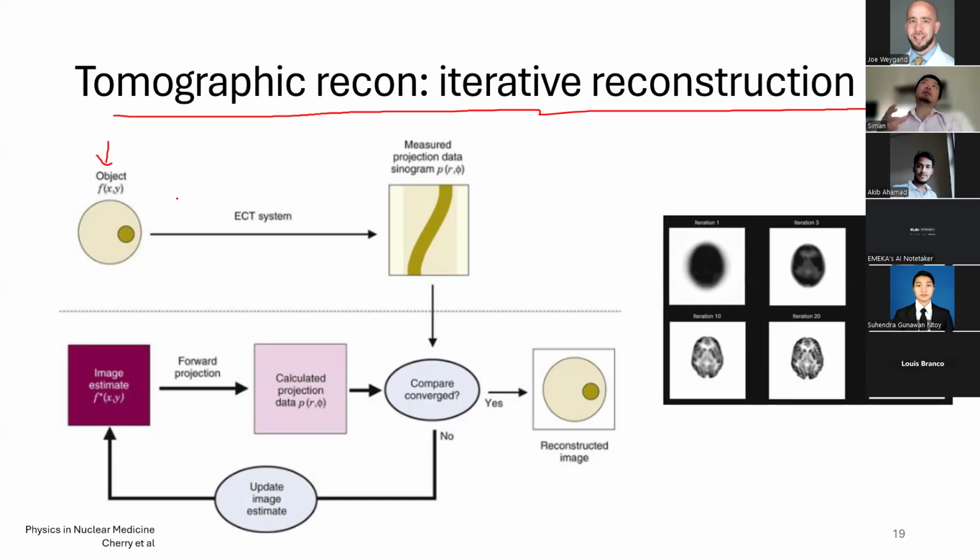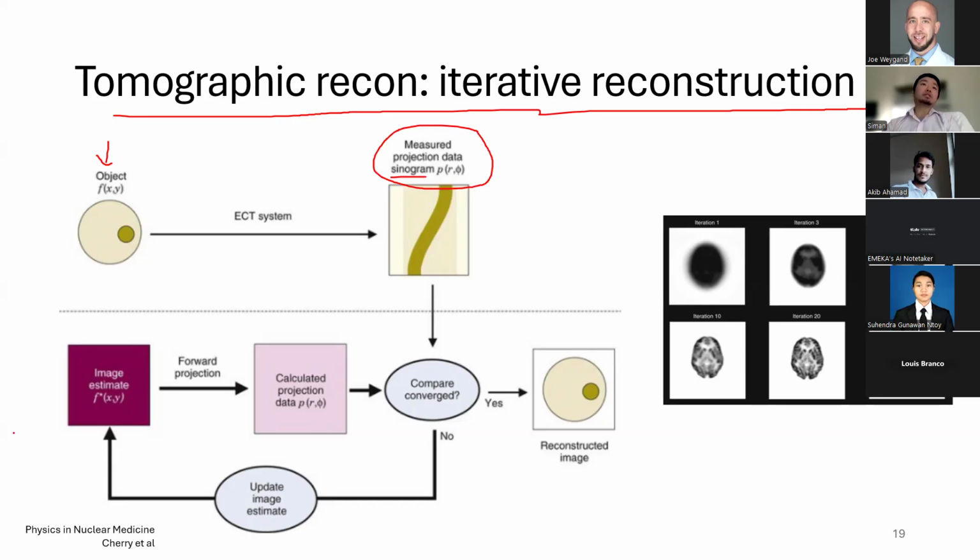The data that you collect is in Cartesian coordinates, right? You have the location, X and Y, and then you have the intensity. And you can convert that to a sinogram. For a sinogram, you just change the coordinates from Cartesian to polar. So we create the sinogram from the data that we acquired.